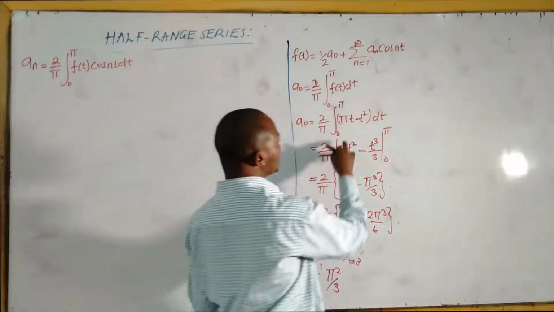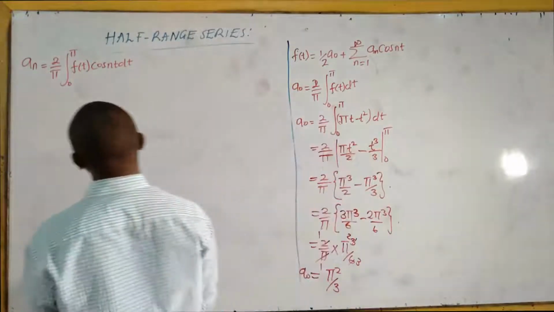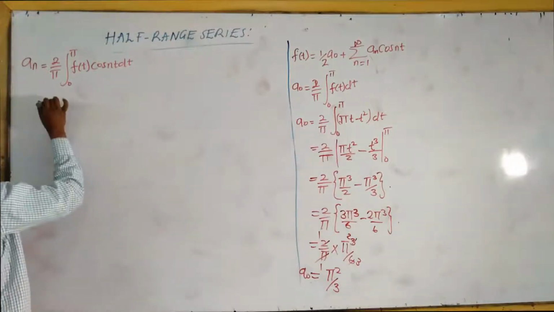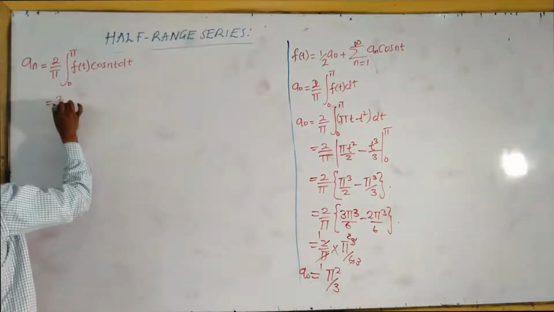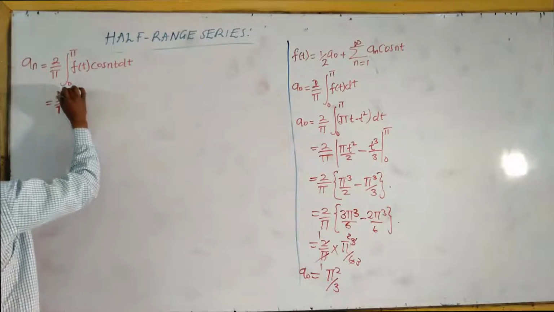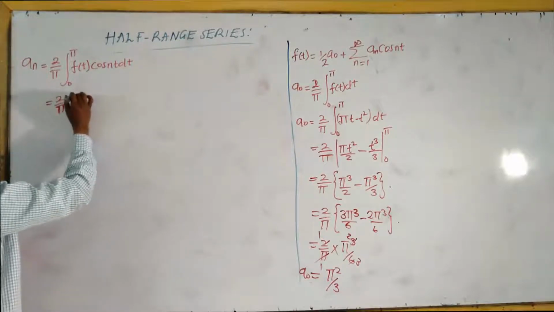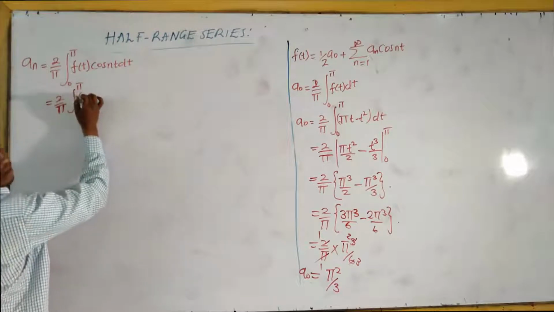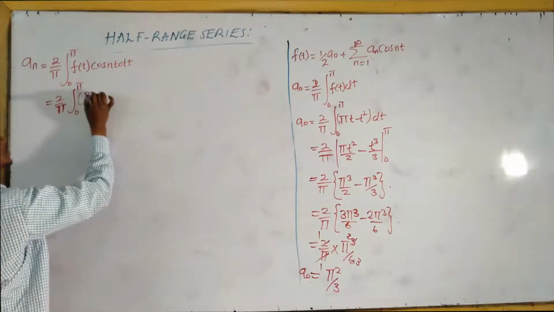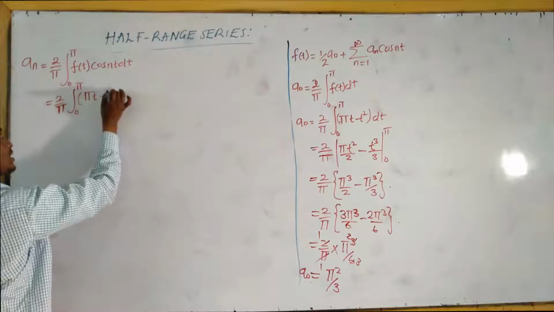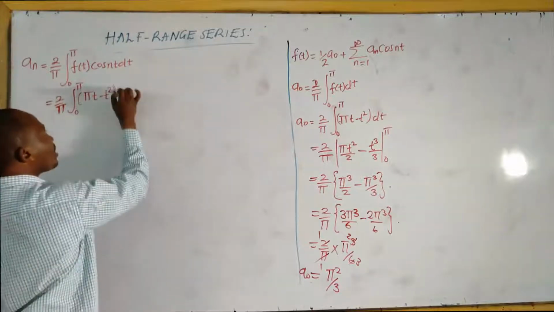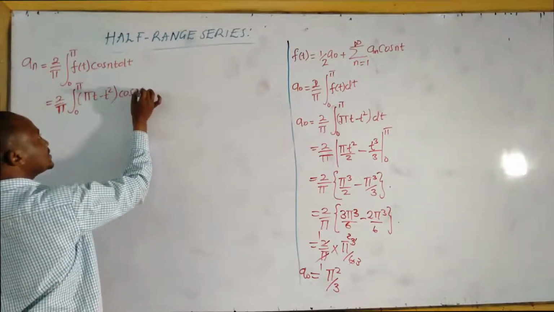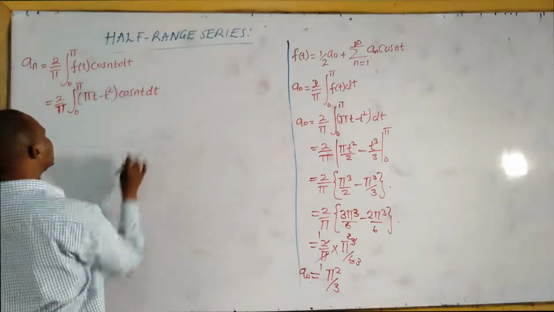Our function of t is pi t minus t squared. This is 2 over pi, the integral from 0 to pi of pi t minus t squared, times cos nt, with respect to t.